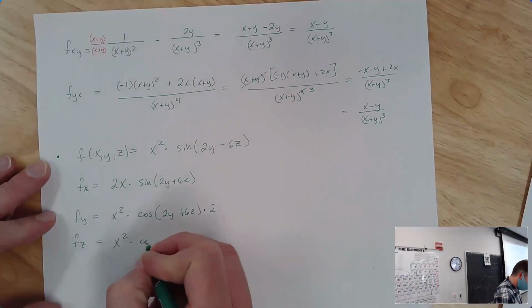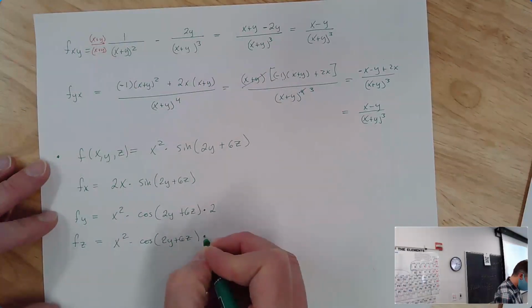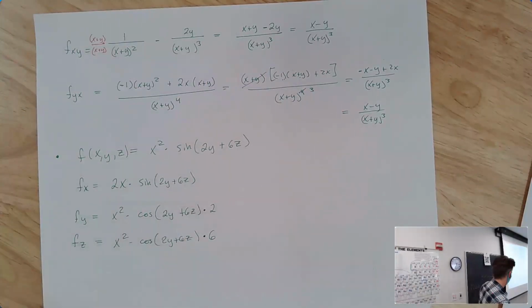It's x squared times cosine of 2y plus 6z times, exactly. There's your fz. Not too terrible.